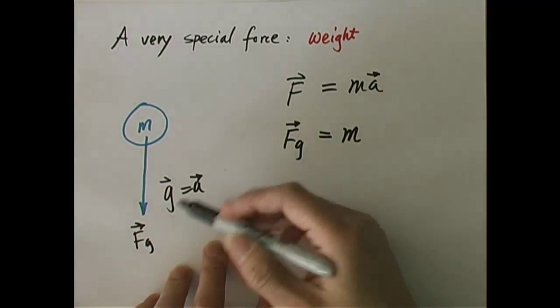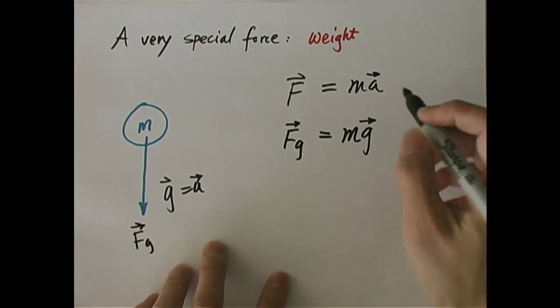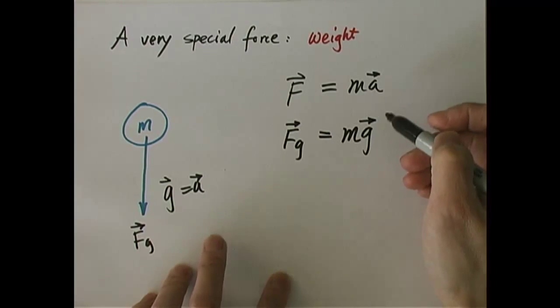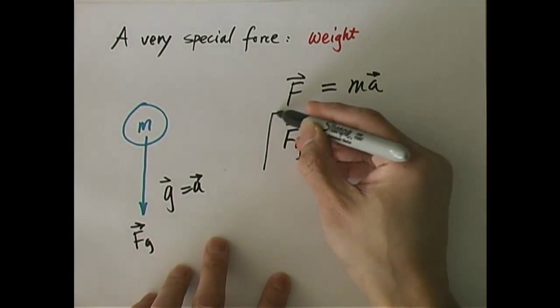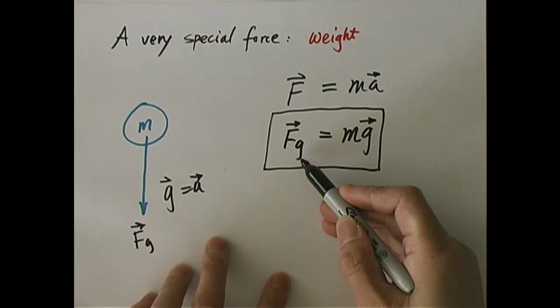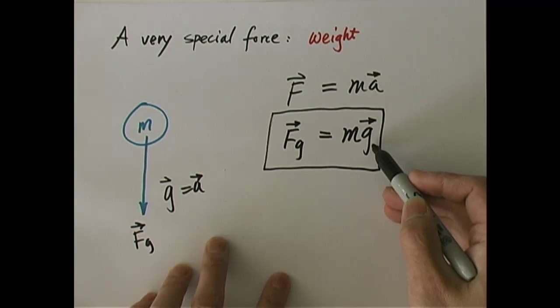What about a? a equals g. So you see, we apply Newton's second law to the free fall of any object, and we found this important relationship: the weight of an object equals its mass times the acceleration of gravity. That is a consequence of Newton's second law.